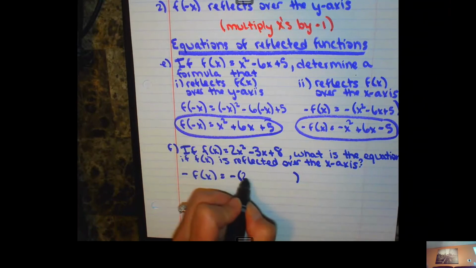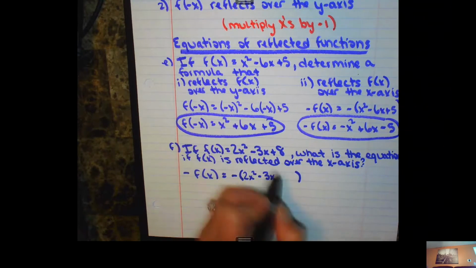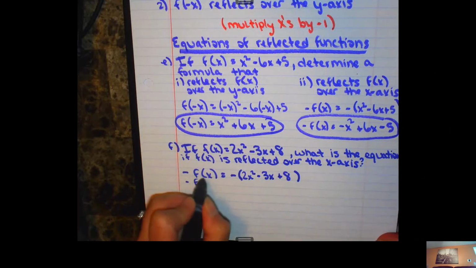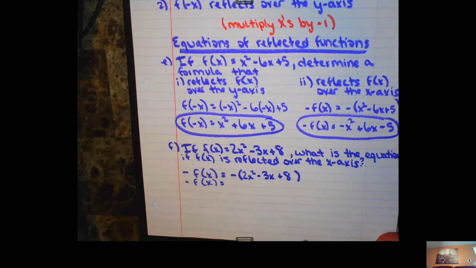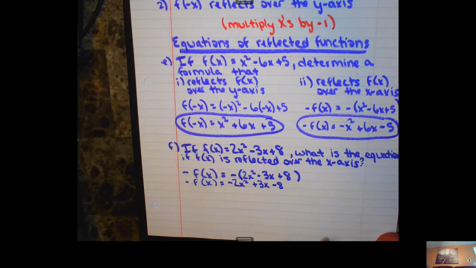So we're going to bring down the 2x squared minus 3x plus 8. Now to simplify it, I just distribute. So I'm going to write f of negative x equals. Notice every term is going to change. So we have negative 2x squared plus 3x minus 8. There's our equation.